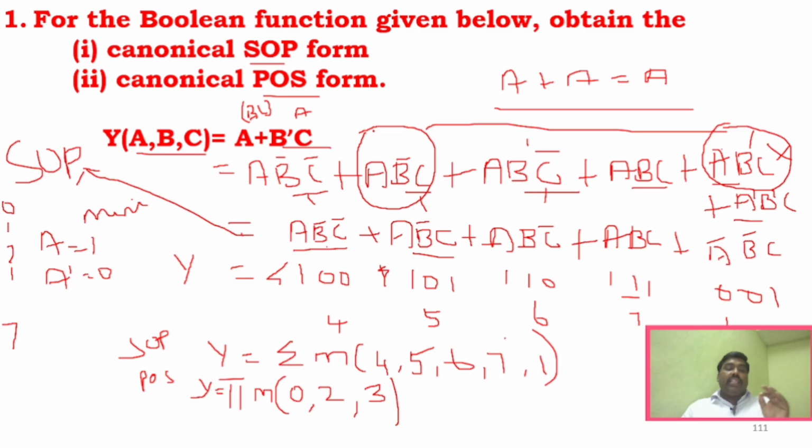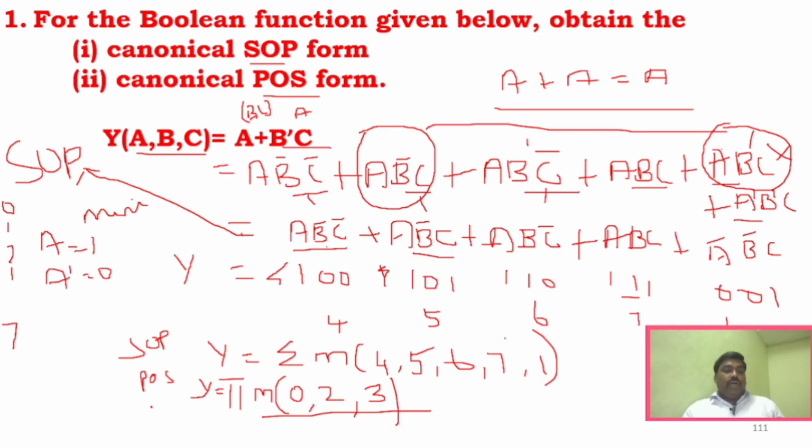But the question they have asked is, we need to find the canonical form of the POS form. How will I find the canonical form? From this, you can write the canonical form directly. I will just erase this so that you can understand very clearly. Don't worry, I will show the solved version of the complete problem in the next slide.